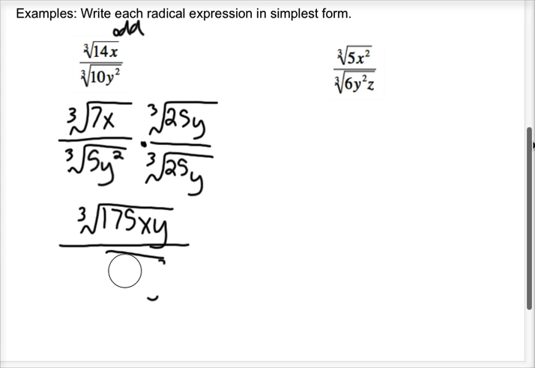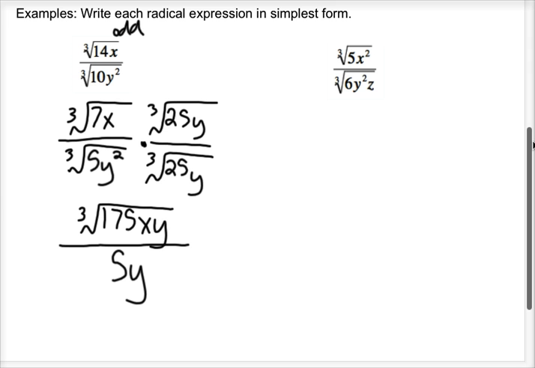The cubed root of y cubed is just y. So again, the goal is that the bottom will always be able to remove itself from the radical. If it doesn't, it means you haven't quite gotten that perfect cube. Okay?